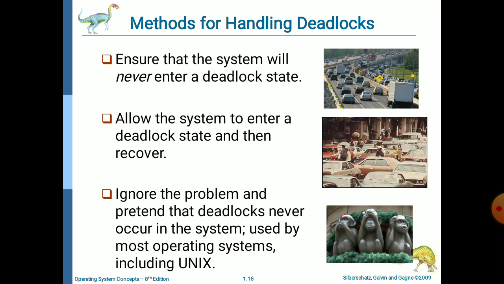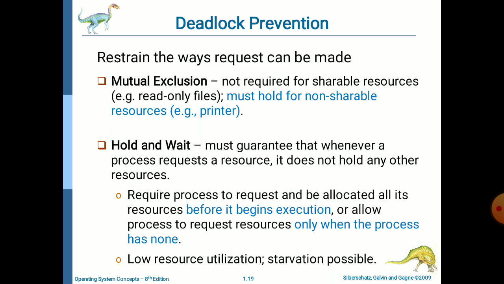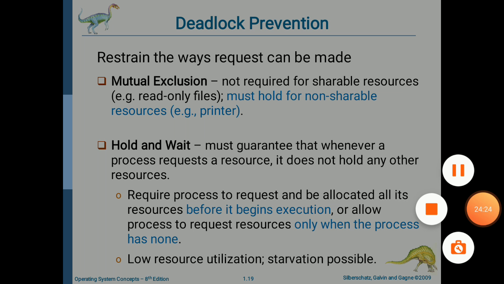Here, ignore the problem and pretend that deadlock never occurs. So don't talk about it, don't look into it, and don't hear about it. This is what is used by Unix kind of operating systems. So they will ignore it. So: prevention, then allow them to occur and recover from it, and the third one is ignorance. This is what we have about deadlock.